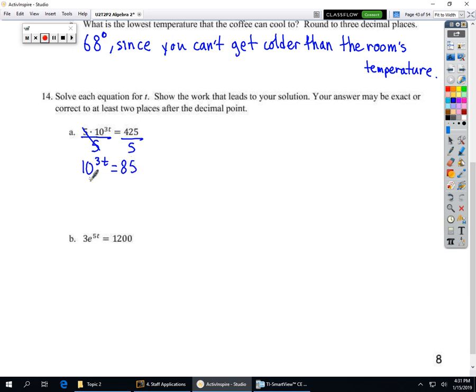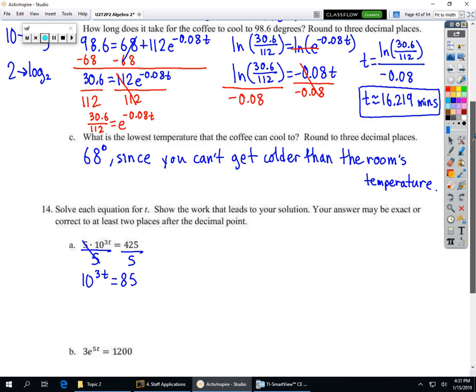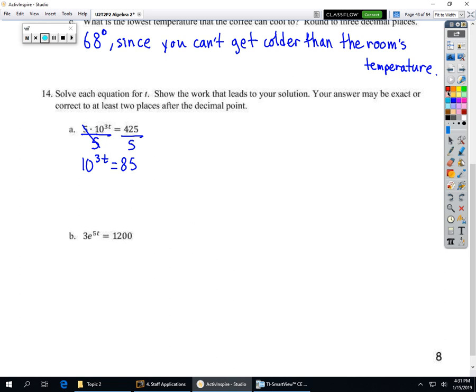How do you get rid of a 10? What did I say up there? You need to use log. So I got to take the log of both sides. So I'm going to do log of 10 to the 3t equals log of 85. Log and 10 cancel out.